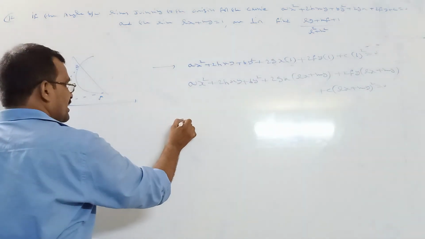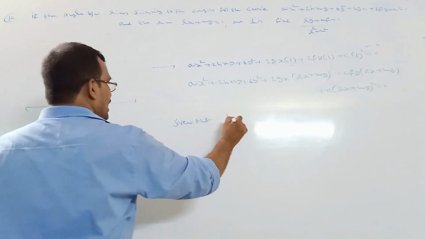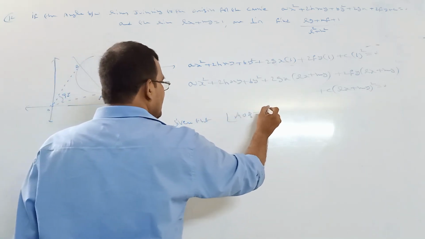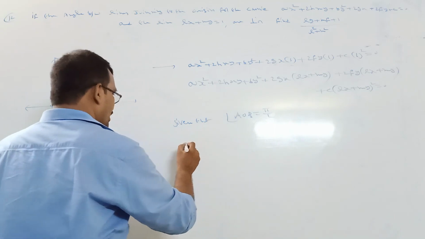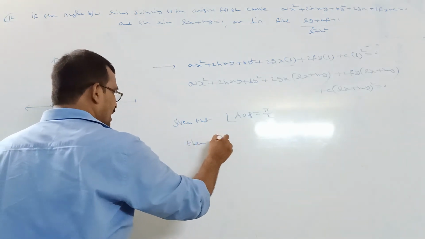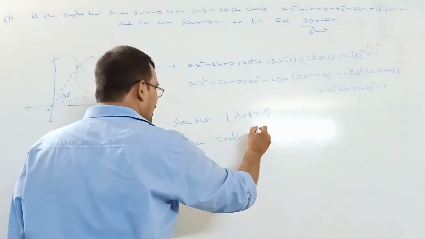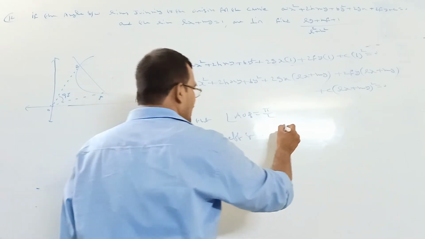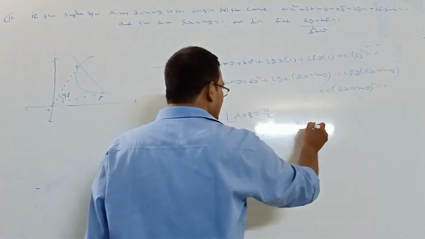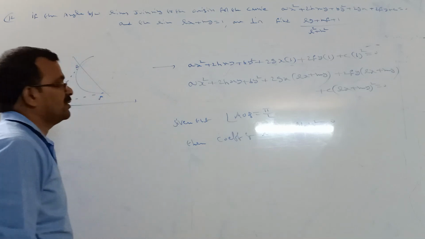So here given that angle AOB is 90 degrees, obviously the coefficient of x square plus the coefficient of y square must be 0.